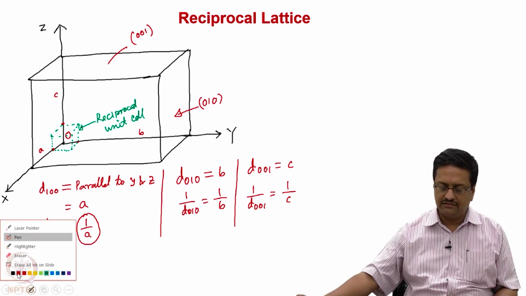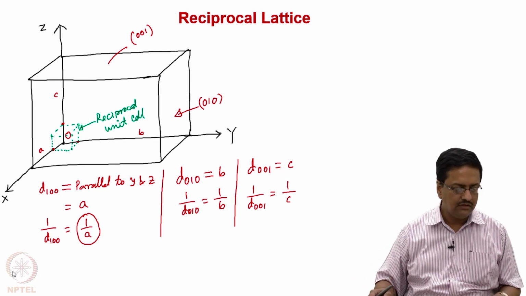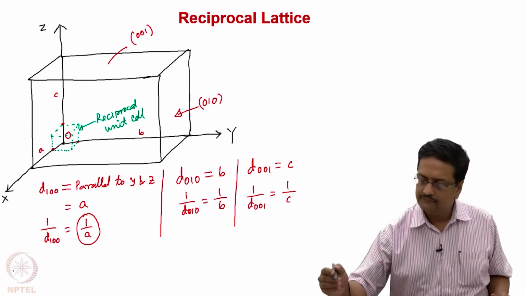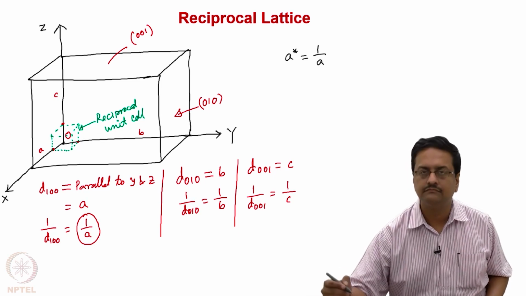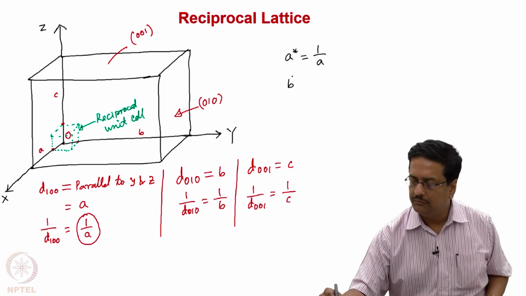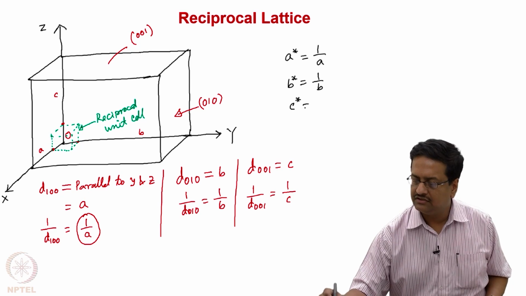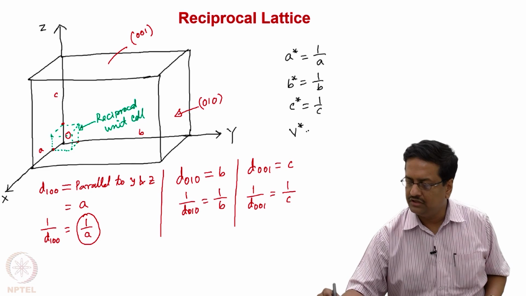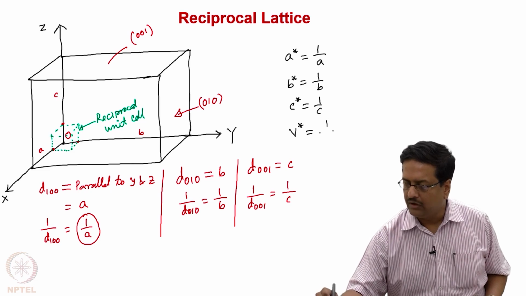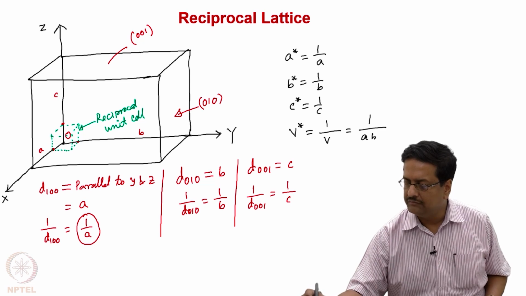So in this case, the reciprocal lattice distance A star is equal to 1 by A, B star is equal to 1 by B, C star is equal to 1 by C, and reciprocal lattice volume is equal to 1 by V, which is equal to 1 by ABC.